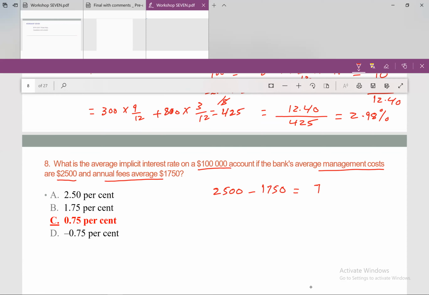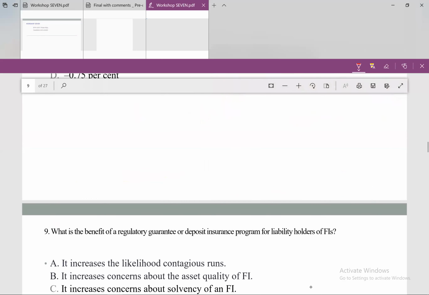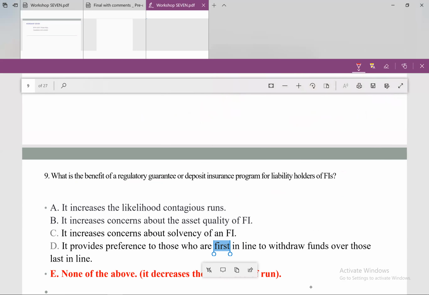So actually, the net is 750, and your balance is 100,000. This makes it 2075 basis points. So you have to take this one from this one. Any questions?